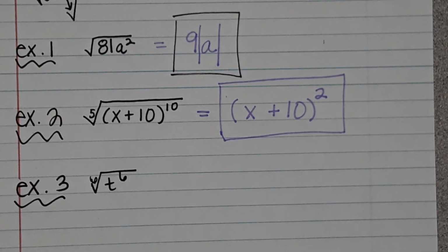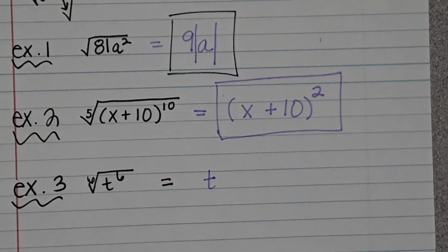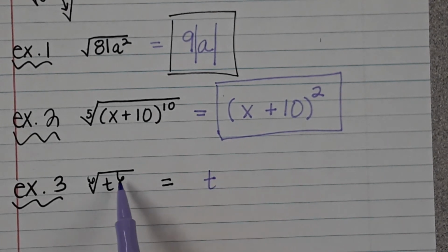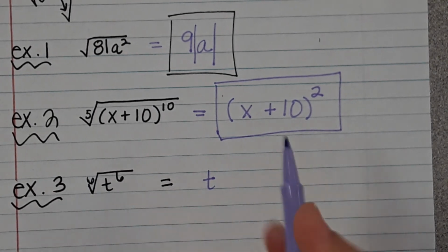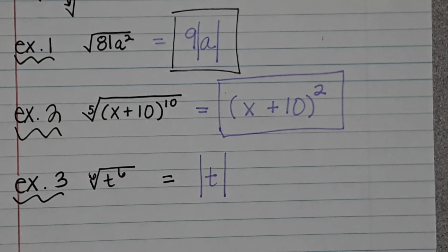So I'm going to take my exponent, which is 6, and divide it by the root, which is 6. 6 divided by 6 is 1. So I have t to the first power. Okay. First power is an odd number, so I have to go back. My exponent was even. My root was even. That means my answer needs to be an absolute value.